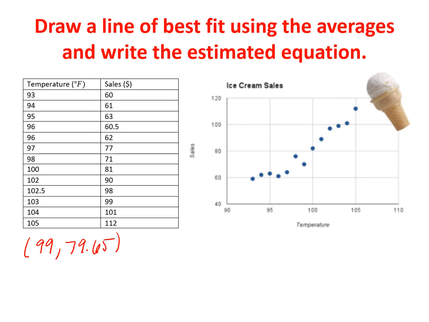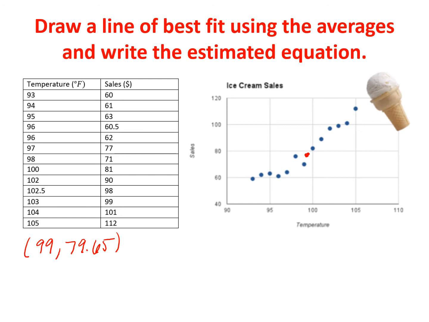So I'm going to do the best I can here to plot this point. So 99 would be a little bit before 100, and 79.65, so maybe right there. And so that's the first part.